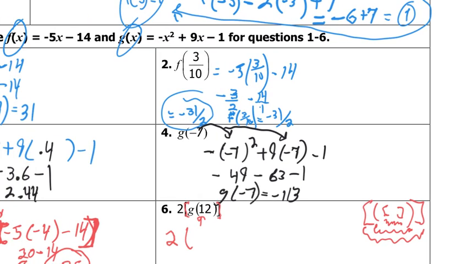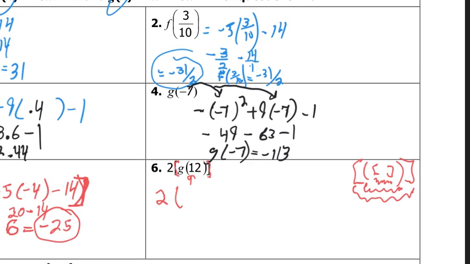So let's put the G with the 12 in it. We have the 2 on the outside, and we have to have the G with the 12 in it. The G looks like, I'll put some brackets here. The G looks like up here, negative x squared, negative 12 squared, and then we have a plus 9 parenthesis, that's the 12 that we're plugging in, and the rest of that function looks like a minus 1.